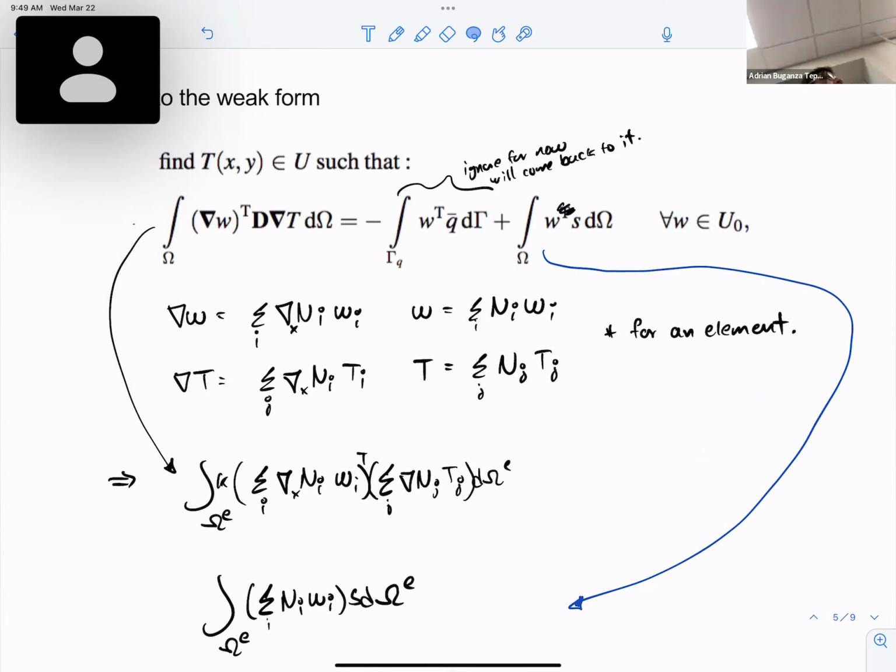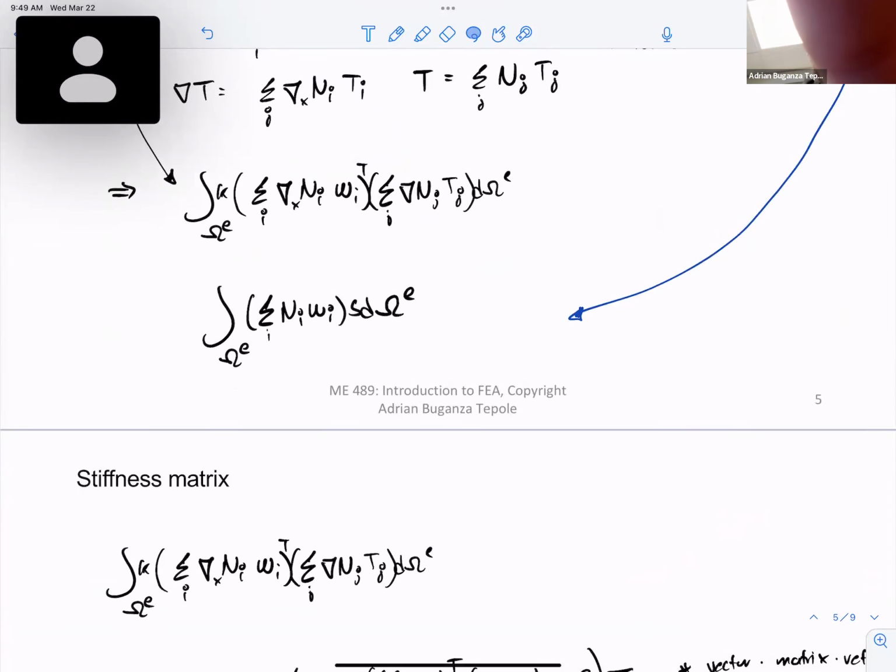So you don't need the D. And then the only thing that I left was the scalar conductivity. In the more general case, you would keep the D. But for what we're going to do today and on Friday, if the D is the conductivity times the identity, then you just need to worry about the conductivity.